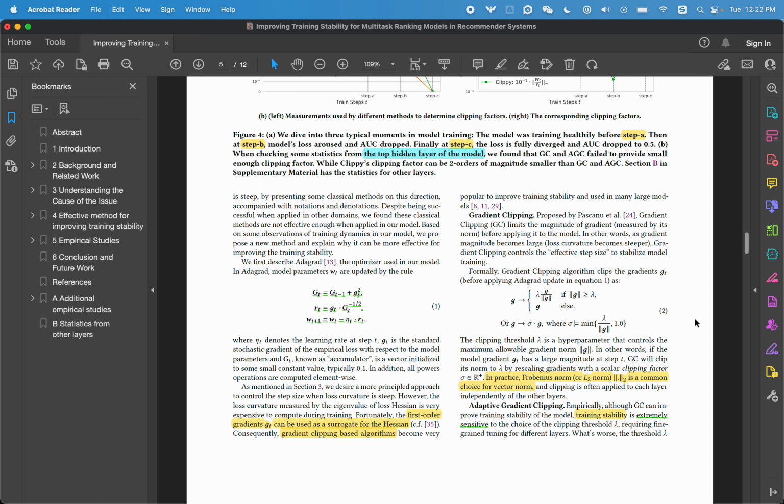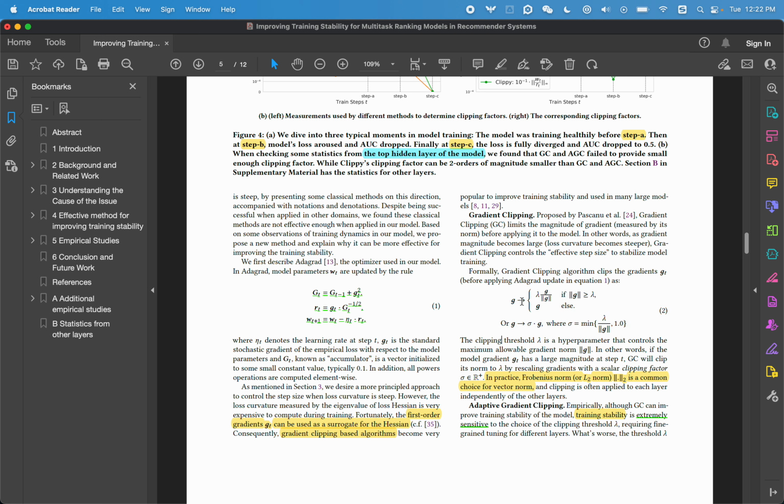This step happens before that step, so it changes the gradient, and after it changes the gradient, you have a new gradient value for updating the accumulated gradient. So GC and AGC happen before the optimizer.